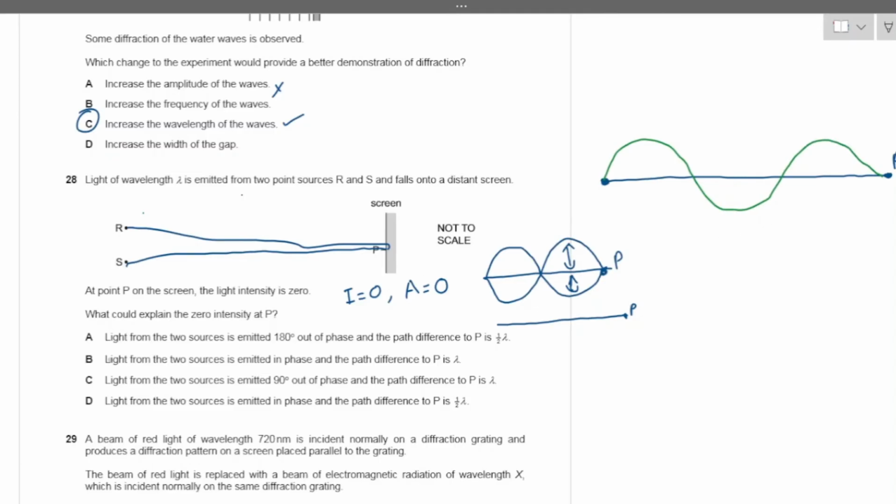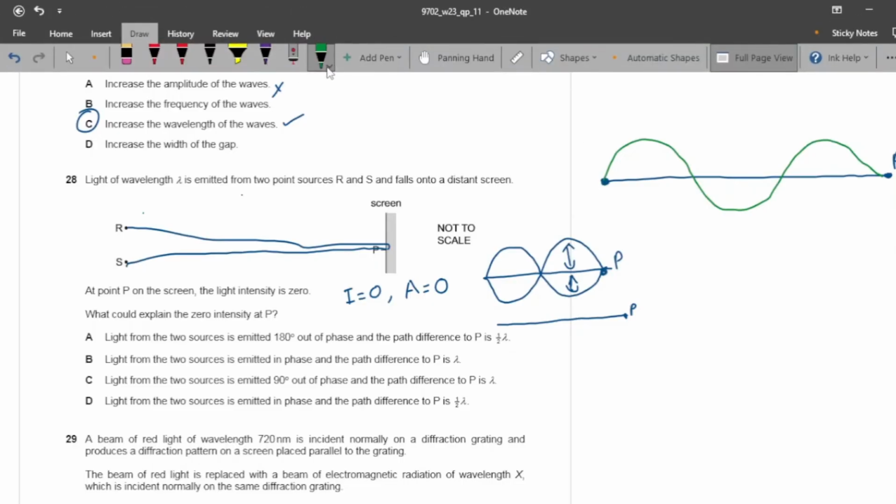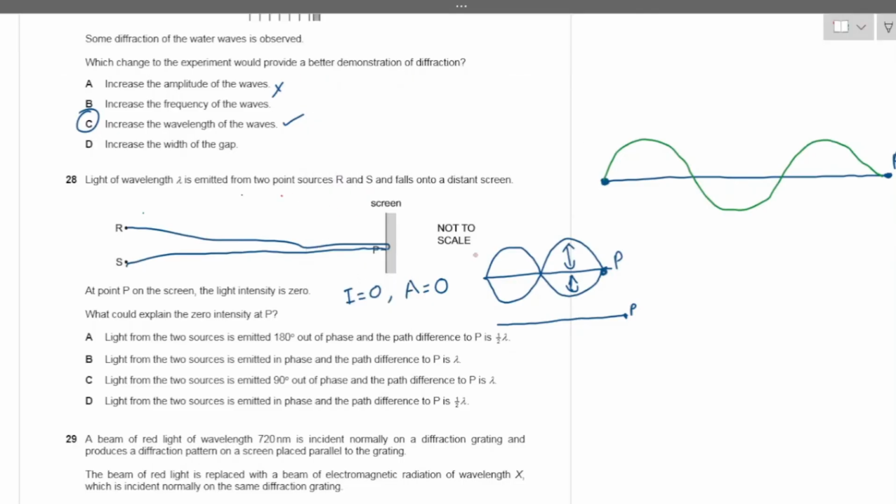Now for option A, they've asked us: light from the two sources emitting 180 degrees out of phase and the path difference is half lambda. So the first wave is R, we don't need to touch that. We have to just fiddle with the second wave to bring out these changes. If 180 degrees out of phase, that means the wave of S must be like this.